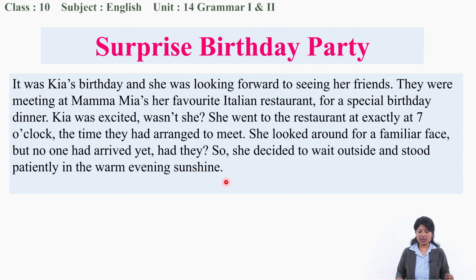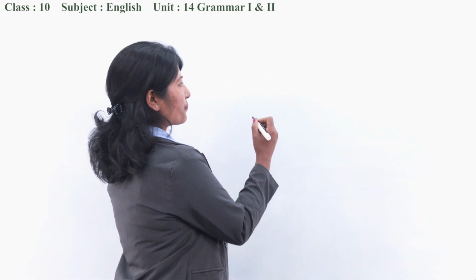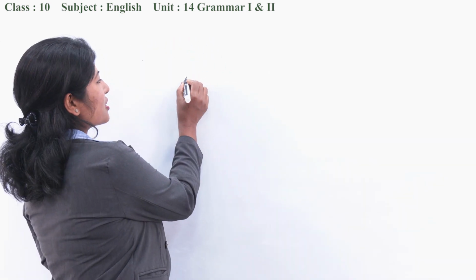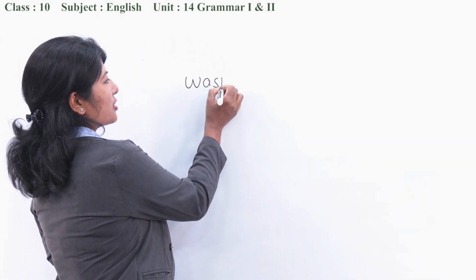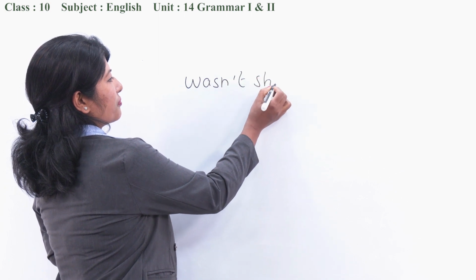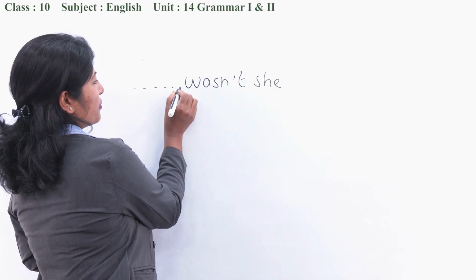Now tell me the short questions which I told you to focus on in the first paragraph of this story. What was the first? Let me write on the board. The first one is wasn't she, and there was a statement before it, right?